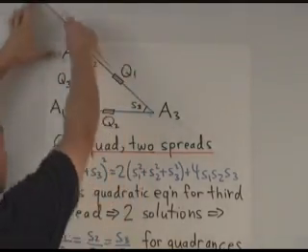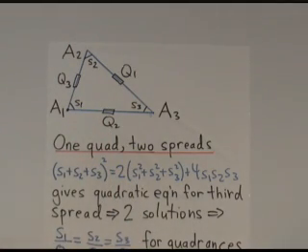It would meet that one way up there somewhere. So we calculate the two solutions to this quadratic equation, and then for each of those solutions, we use the spread law to find the other quadrances. Because now we have the three spreads, and we have one of the quadrances, so we can find the other two.